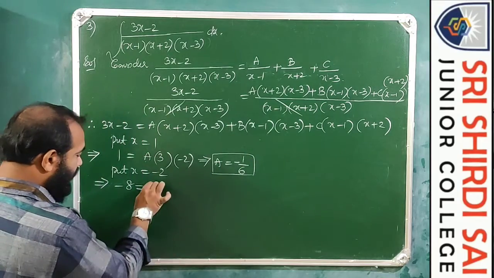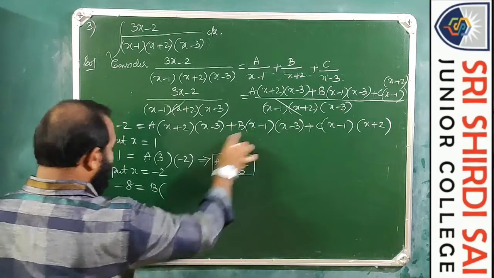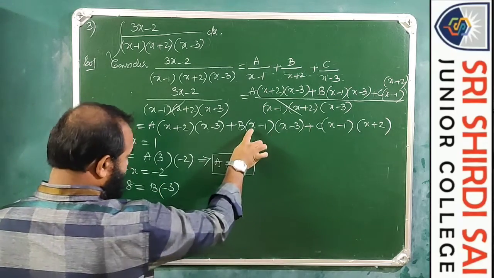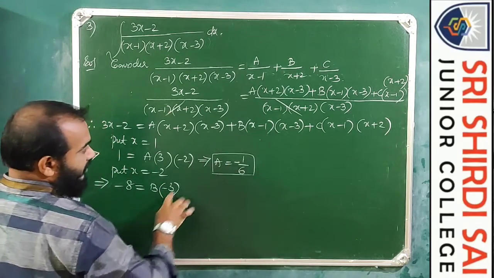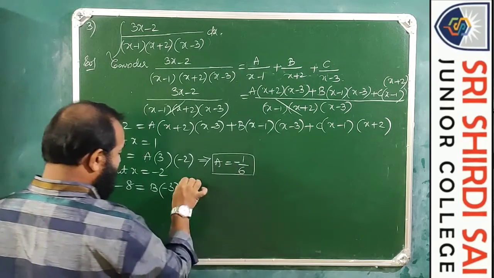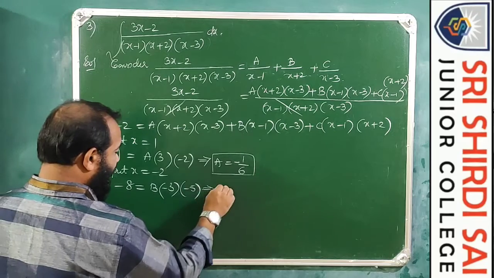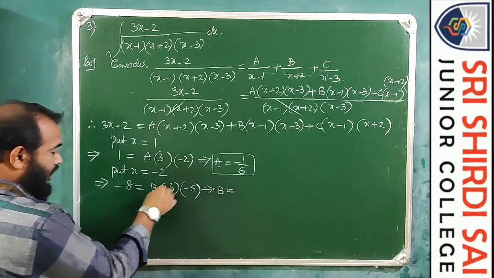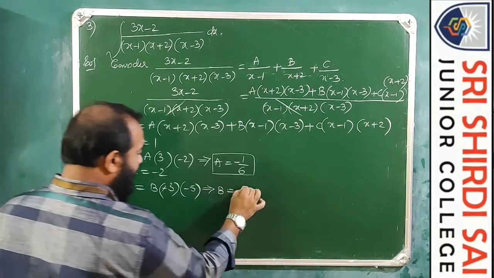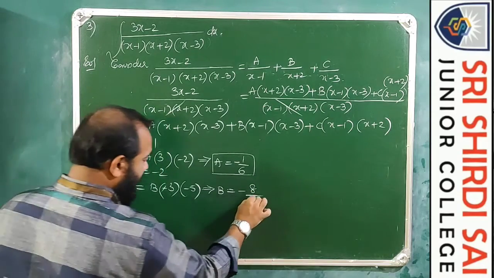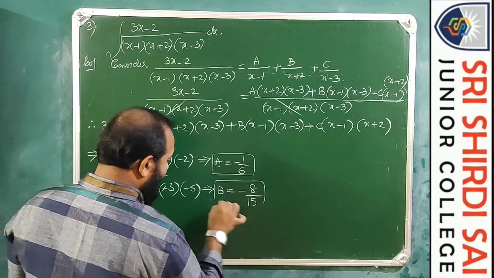So b into, the value of x is minus 2, minus 2 minus 1 is minus 3, minus 2 minus 3 is minus 5. So b is equal to minus 8 by, the minuses on both sides get cancelled, 3 5s are 15. So b is minus 8 by 15.